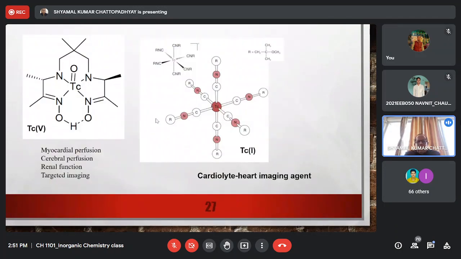Now I come to this technetium, because I have told you technetium nowadays has become one of the most important radioisotopes in nuclear chemistry. What happens in a reactor? First of all, this is molybdate, MoO4 2-.